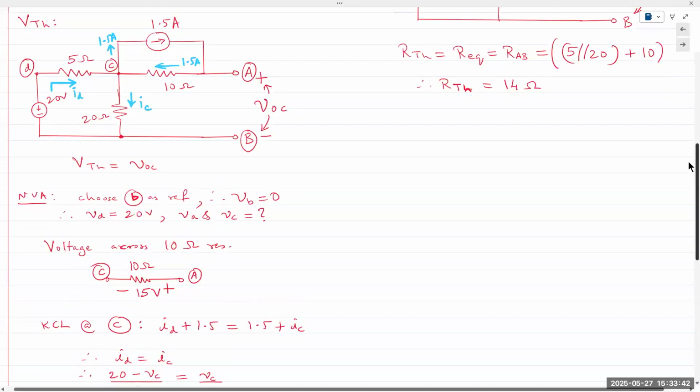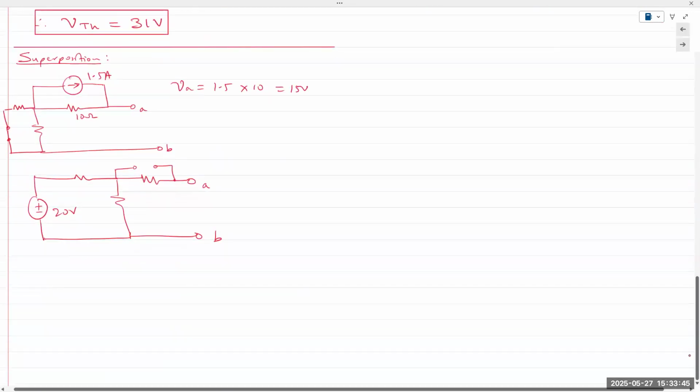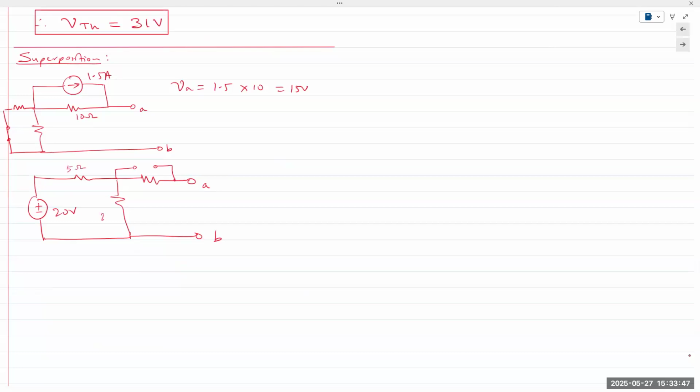You have two resistors, 5 and 20 ohm. It's the same principle. When you have a resistor that is open at one end, both ends of the resistor have the same voltage. So VAB is the voltage across the 20 ohm resistor, because of course this is the same node, right? So A is the same potential as this, because the 10 ohm resistor is open. And so plus minus across the 20 ohm.